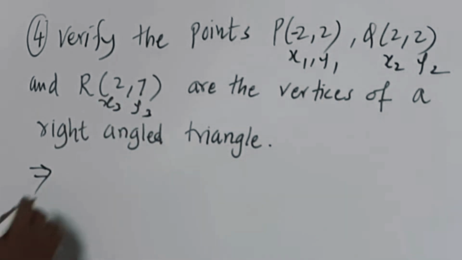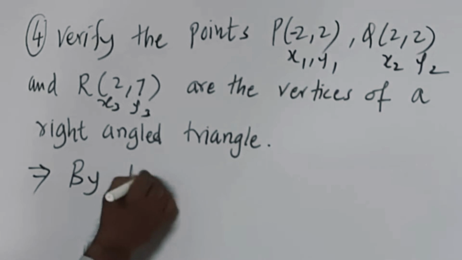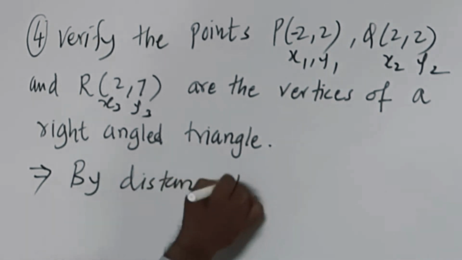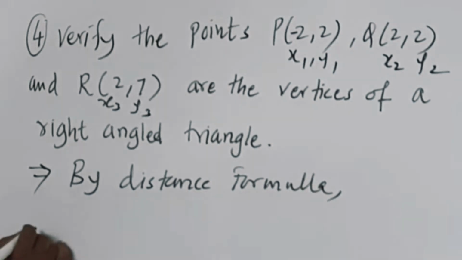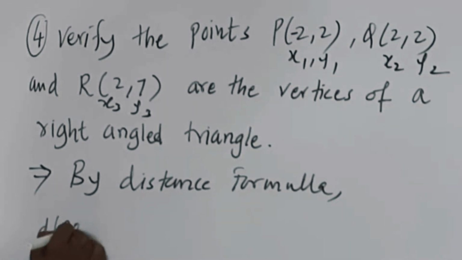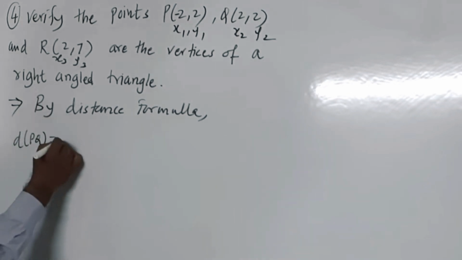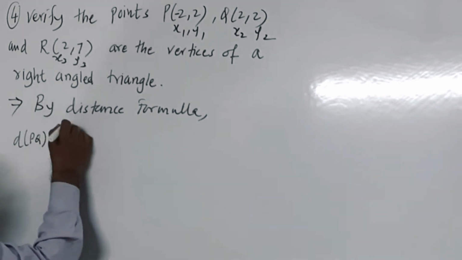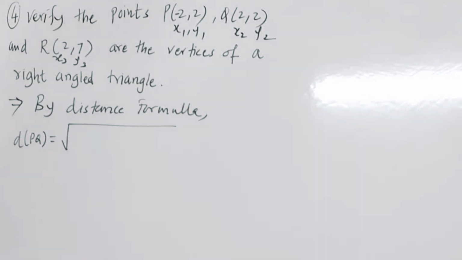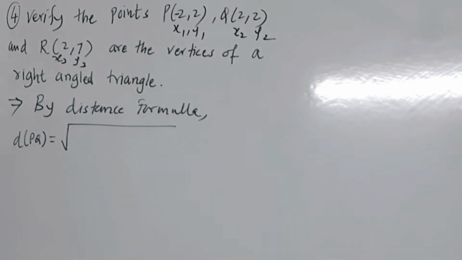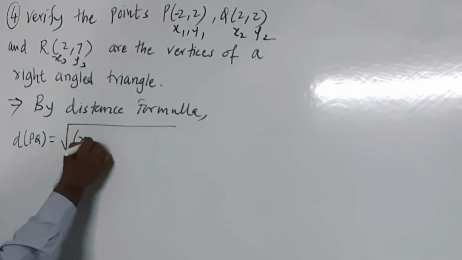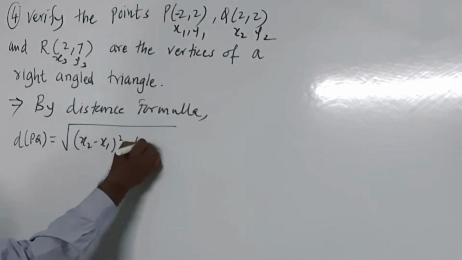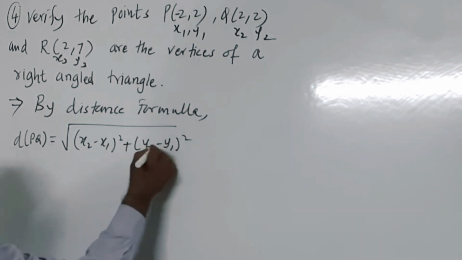Now using the distance formula, find distance PQ. We have to prove that the vertices of triangle PQR are the vertices of a right angle triangle. So distance PQ is equal to square root of (x2 minus x1) square plus (y2 minus y1) square.